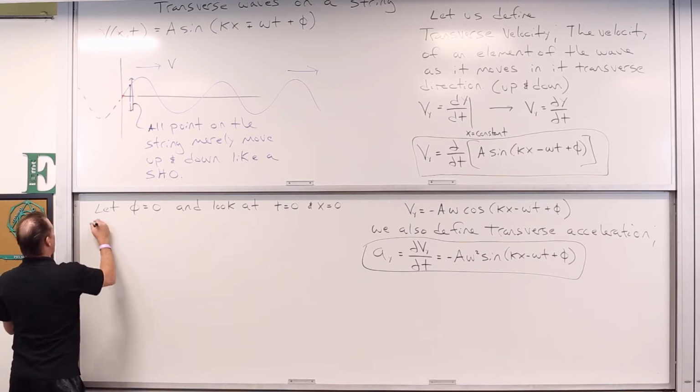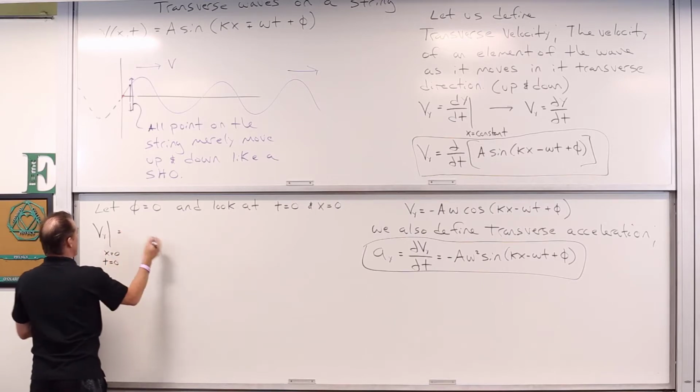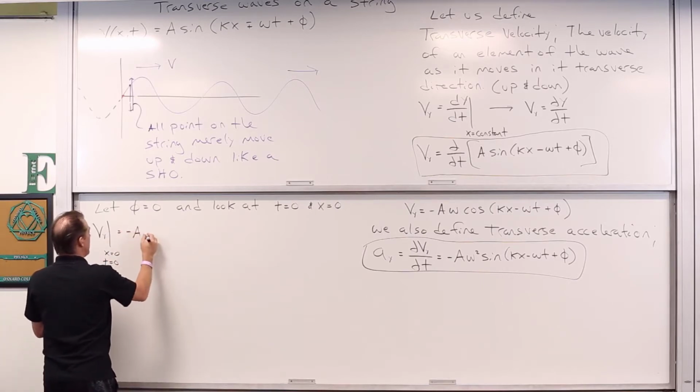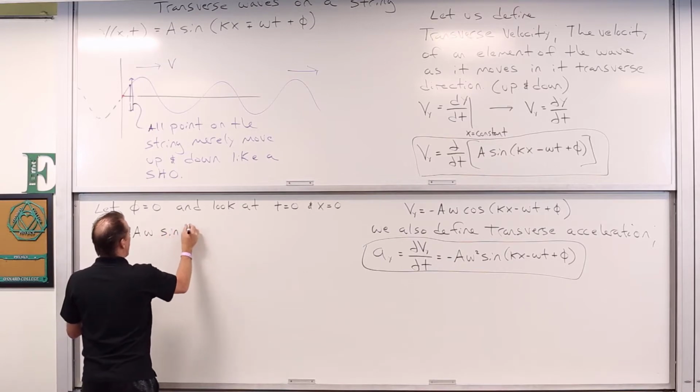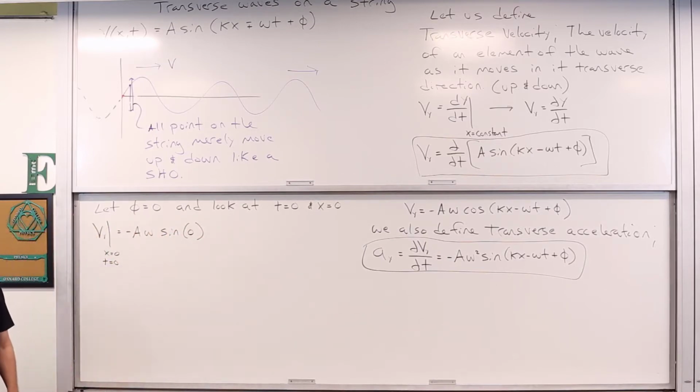So we have that v sub y evaluated at x equals 0, t equals 0 is then equal to negative a omega times the cosine of 0, because x and t are equal to 0 and phi is equal to 0. What's the cosine of 0? That's right, it is equal to 1.